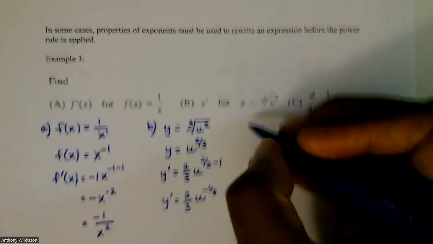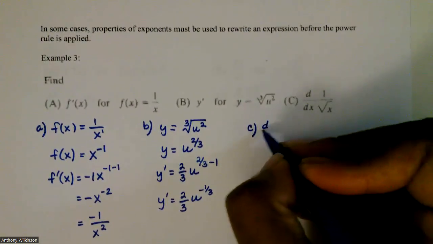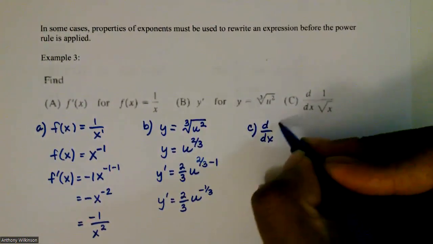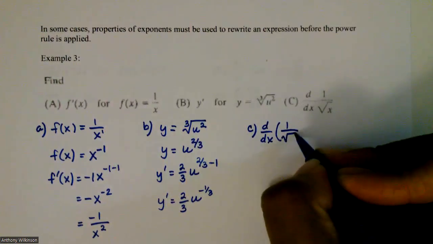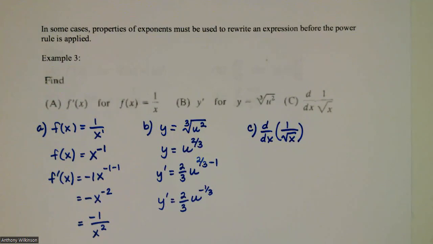All right, now part C. Let's say we got the derivative with respect to x of 1 over the square root of x. All right, so let's take this one bit at a time here. Let's change the square root of x in exponential form.